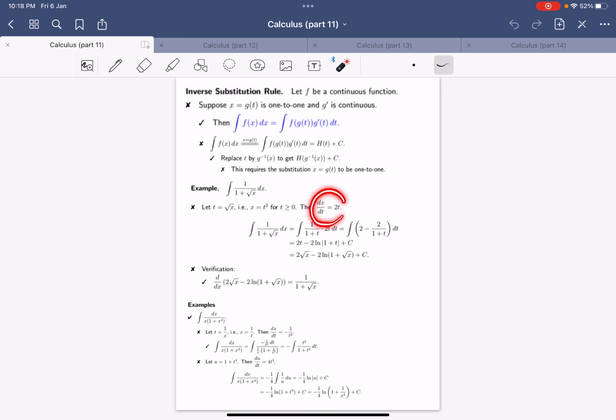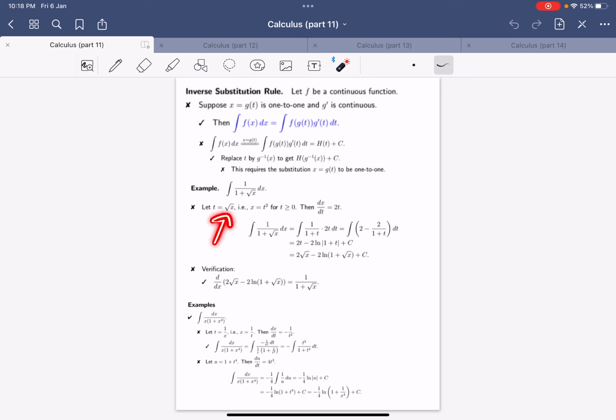And then dx dt is 2t. Then we just substitute it in to simplify the question, and you realize now you get this, which is simpler to solve. And then you can just resub back. Of course, if you are able to immediately see that this is the antiderivative, you can immediately say so. But it's usually hard to see that's true.